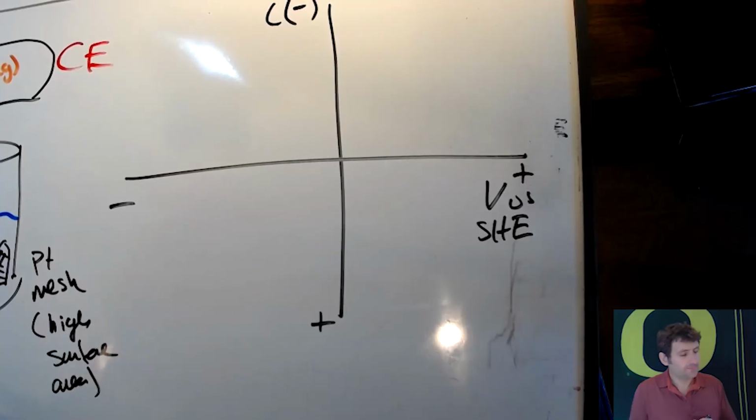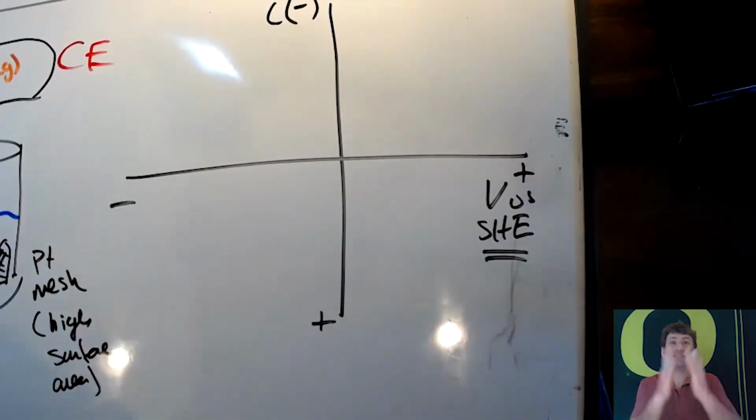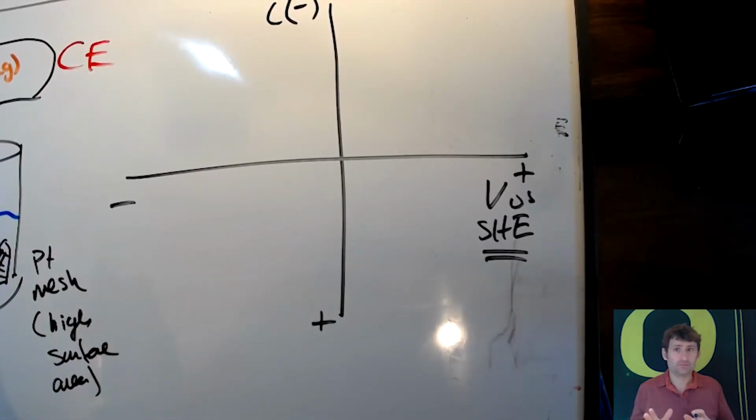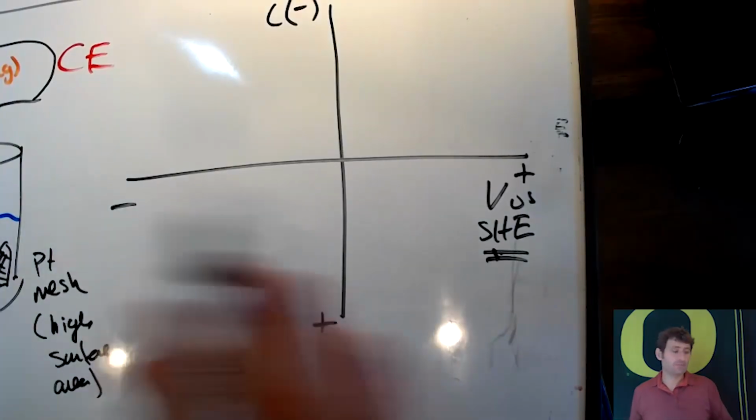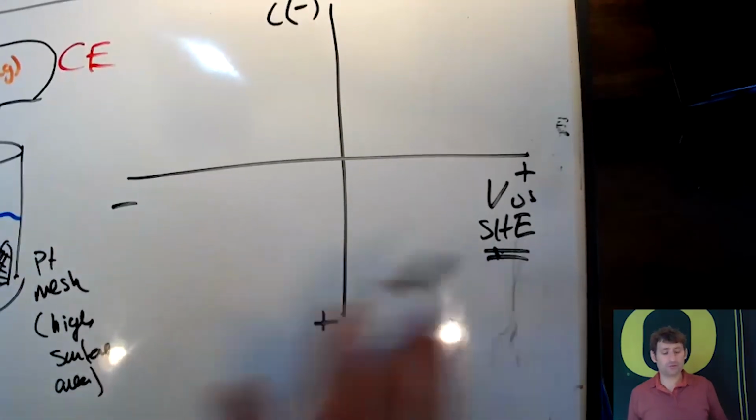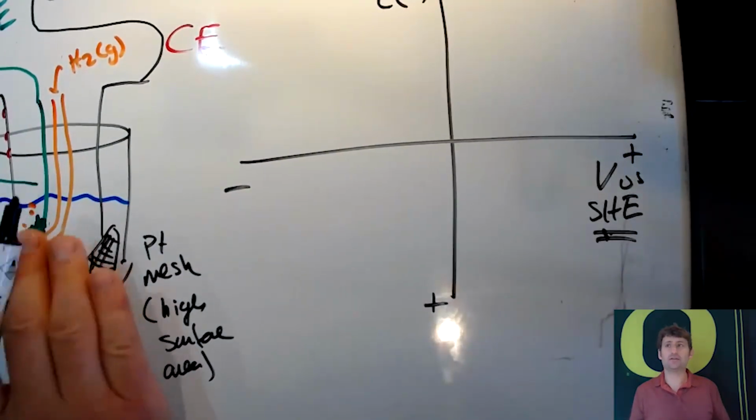Okay, so now if I apply a voltage negative to my platinum working electrode versus the standard hydrogen potential in this cell, what's going to happen? How much voltage do I need to apply versus the reference electrode? And remember, the reference electrode is in some ways arbitrary. We've chosen here to use a standard hydrogen electrode, okay?